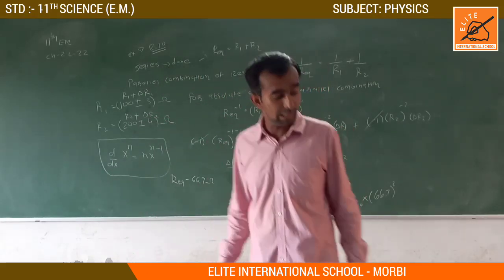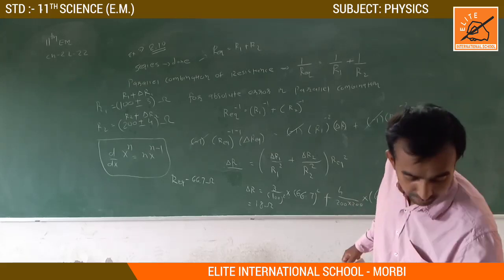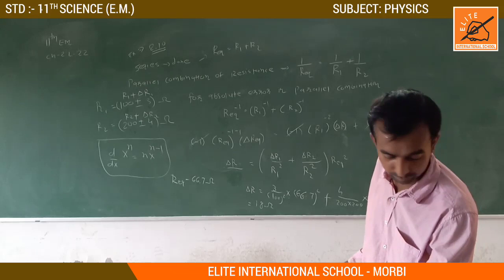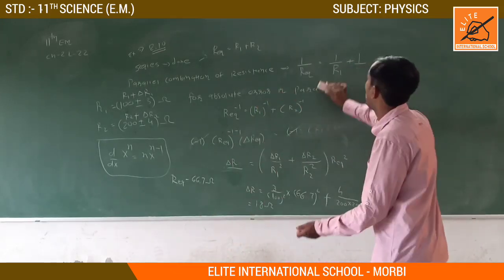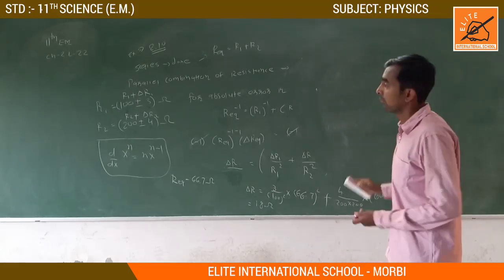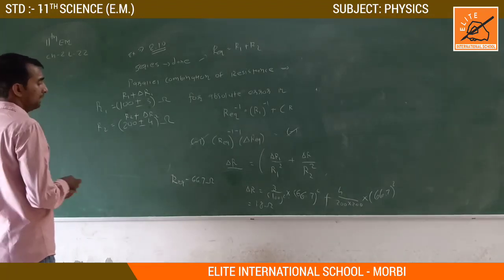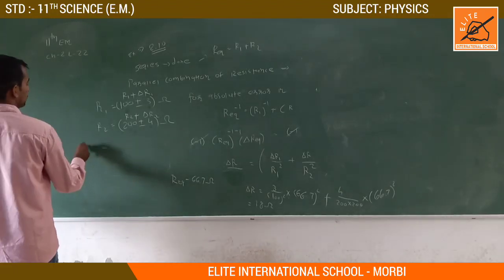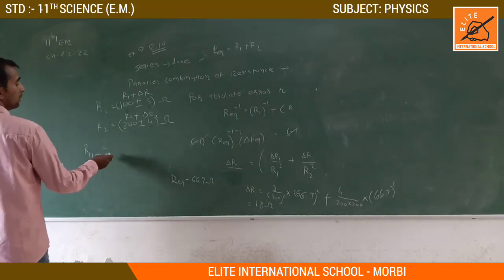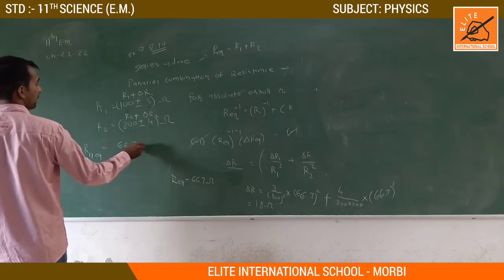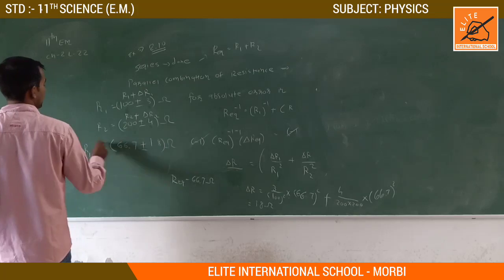That is your answer as per your textbook. Now, let me write the final answer. What is the final answer? R parallel equivalent equals 66.7 plus or minus 1.8 ohm is the answer.